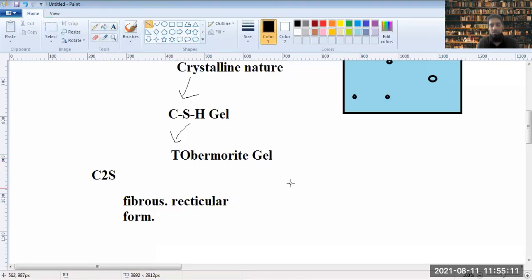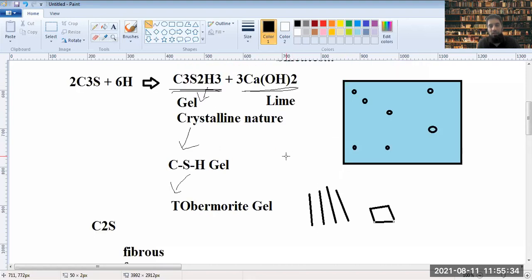Irregular is just a random formation of the crystalline gel. Fibrous is fibers always come like strands like this. And the reticular is always like a closed envelope. So if you look under an electron microscope at the nature of the particles after they have combined with water, once the hydration has happened, you will get this form.